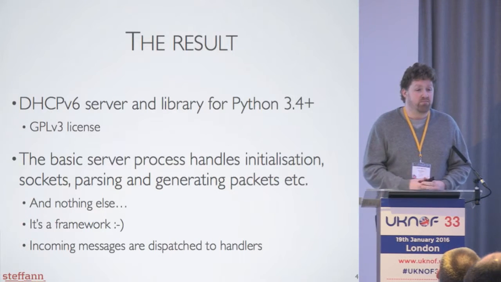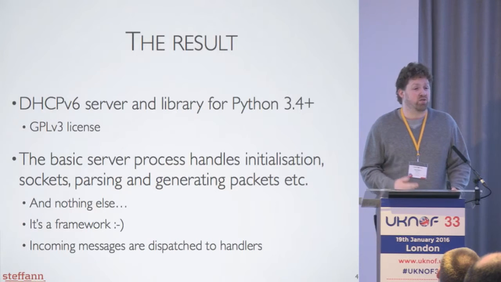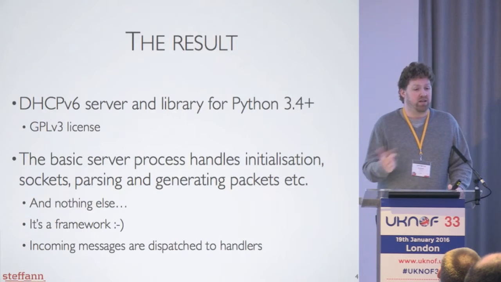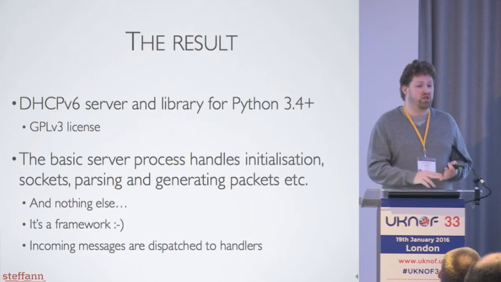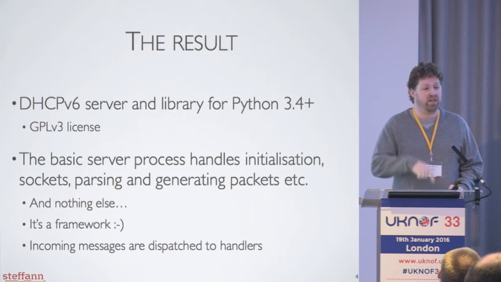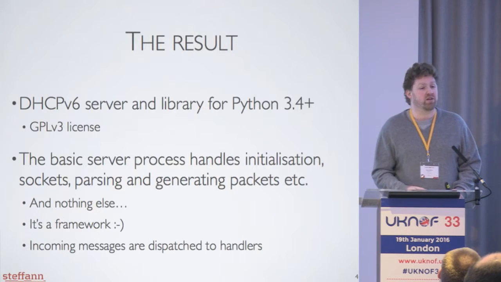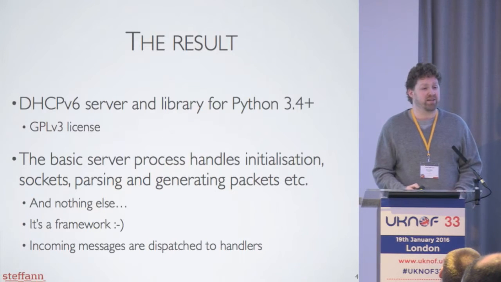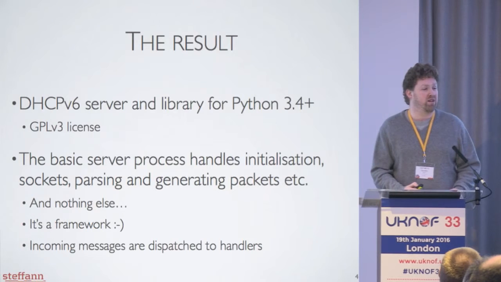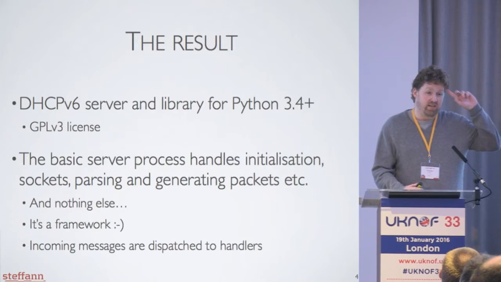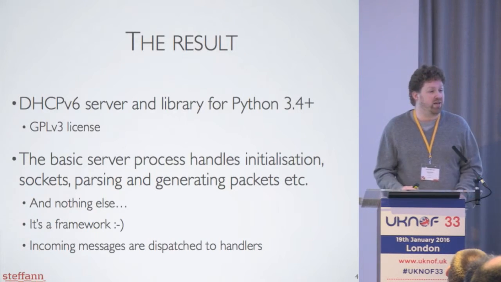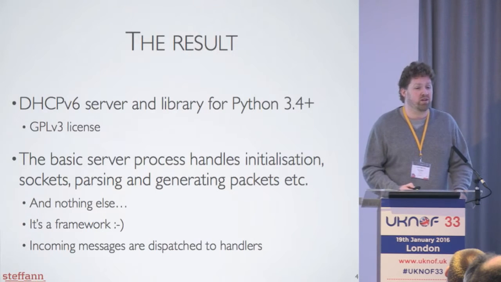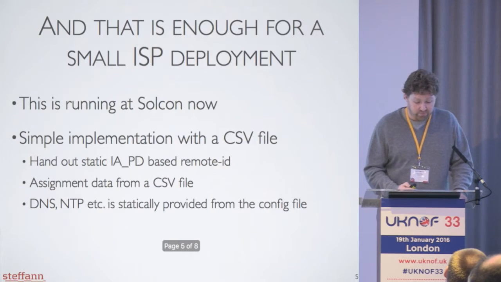In this case, what I did for the ISP was just get a request, put in the DNS information, look up from the relay what the remote ID of the customer was, look in a CSV file, put in the right answer, and send it off again. And this way, you can actually integrate it into whatever provisioning system you're using.